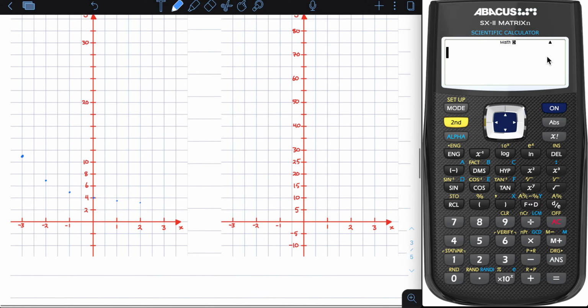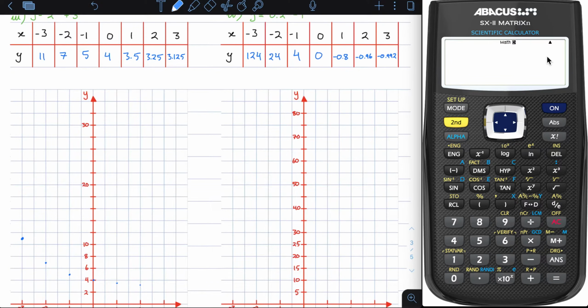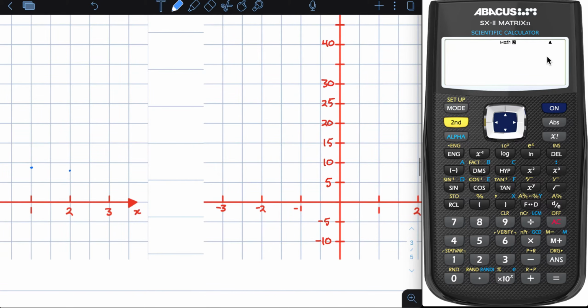And the next one is 3.125. So it's even closer and closer to the number 3.